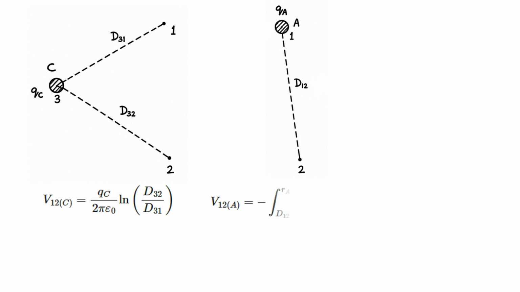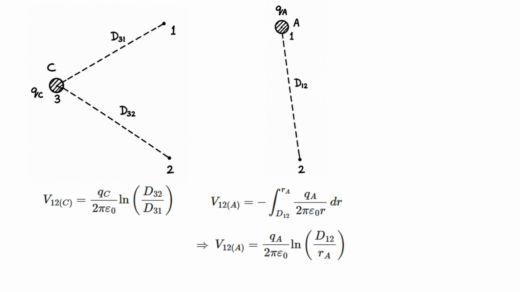That will be equal to minus the integration from D_12 to R_A of Q_A divided by 2 pi epsilon 0 R into dr. Here, we have considered that the charge is uniformly distributed over the surface of conductor A. Therefore, the effective distance is measured from the surface of conductor A up to position 2. That is why we have written this equation. And this becomes V_12(A) equals Q_A divided by 2 pi epsilon_0 into the natural logarithm of D_12 divided by R_A.